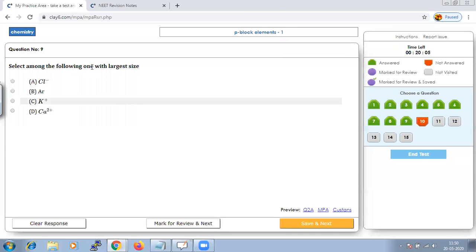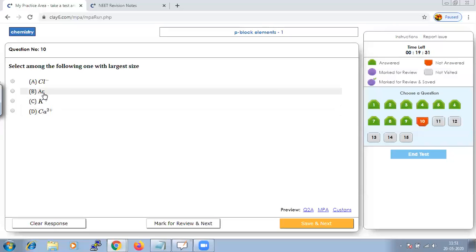Select among the following the one with largest size. Among the given options, when an atom gains an electron it becomes negative and large in size, because when it gains electrons, the size increases. These two options are rejected since they are positive, which means they are losing electrons, and this one is of course an inert gas.